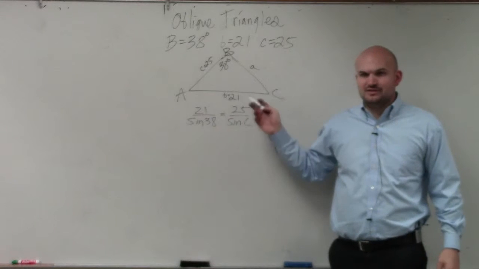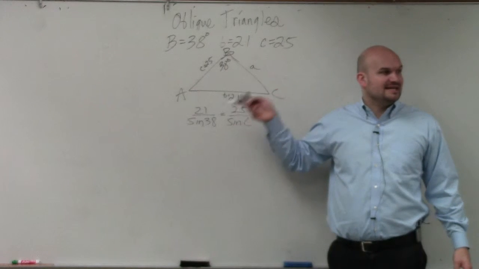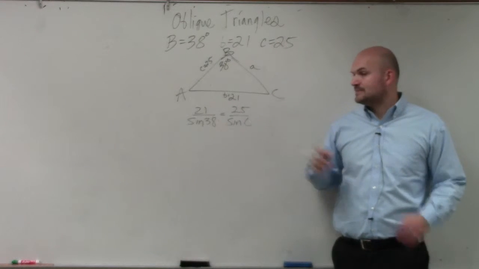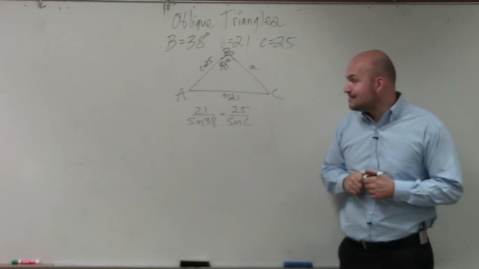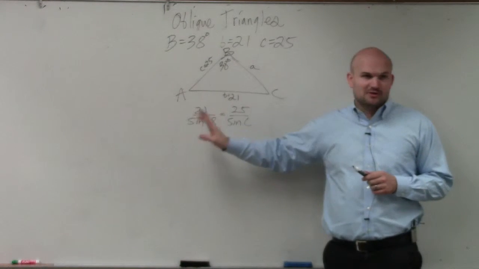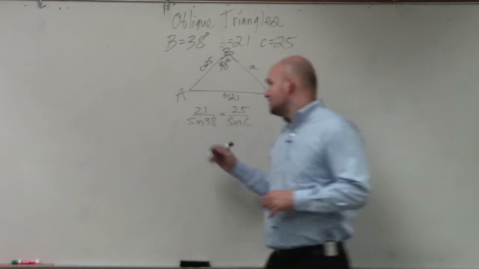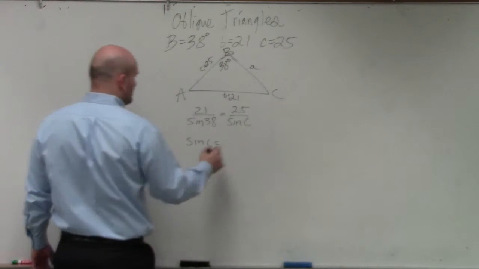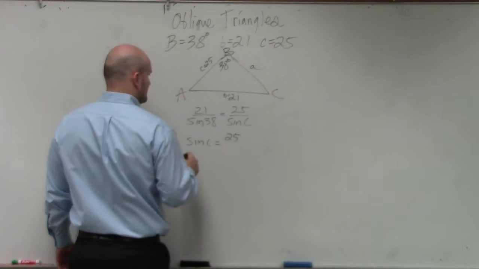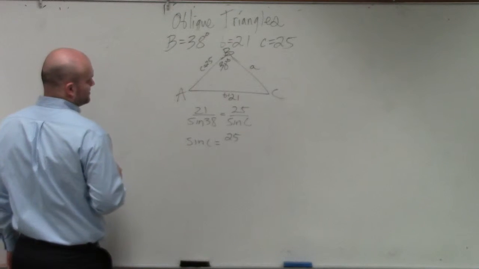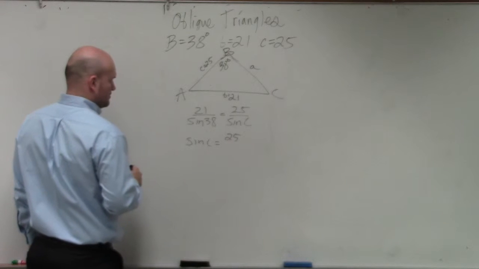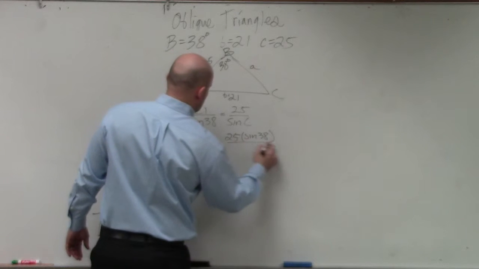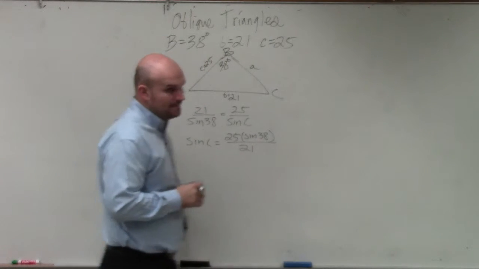Does everybody see how I got these 2 ratios? I did b over the sine of B is equal to c over the sine of C. Is everybody OK? Yes, you can use my whiteout. Now you go ahead and solve. Again, as I mentioned before, you can cross multiply. I'm just not going to show my work, and I'm just going to solve at least for sine of C. So sine of C is going to equal 25 times sine of 38, divided by 21.